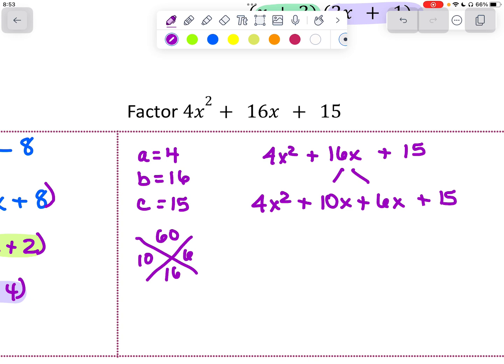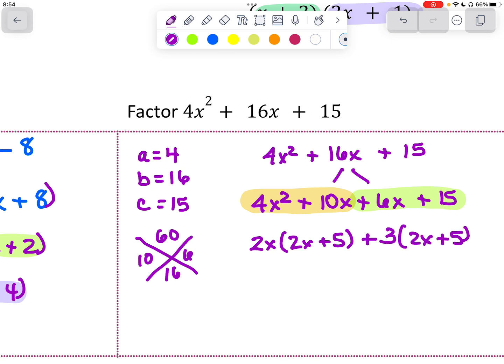And then I group. Group the first two terms together, group the second two terms together, and factor out the common factor. The first two terms have in common a 2 and an x. That leaves me with 2x plus 5. The second two have a 3 in common, leaving 2x plus 5. And my factored form is 2x plus 5, the shared factor, times the leftovers, 2x plus 3.